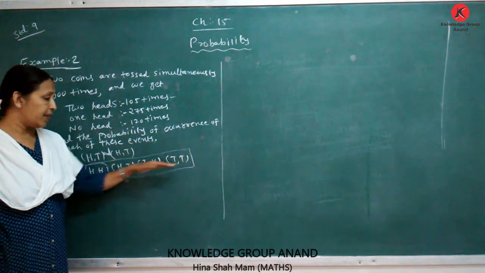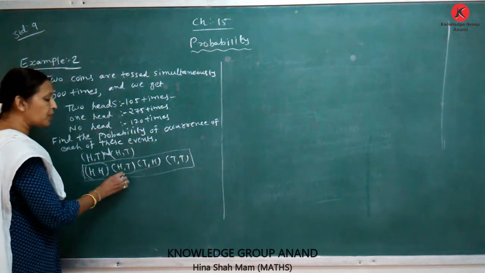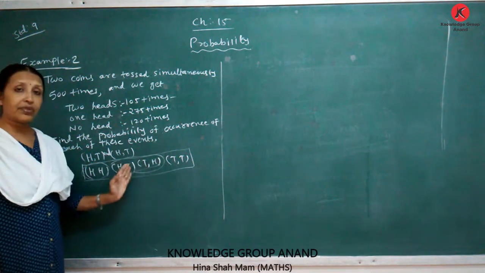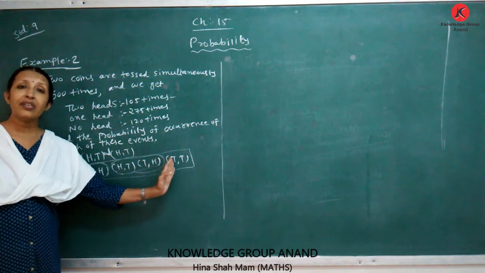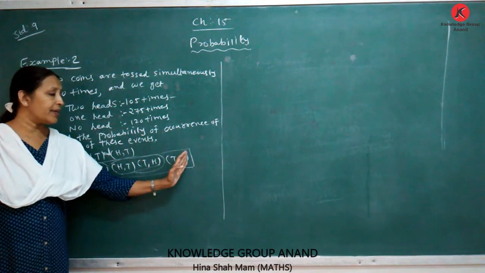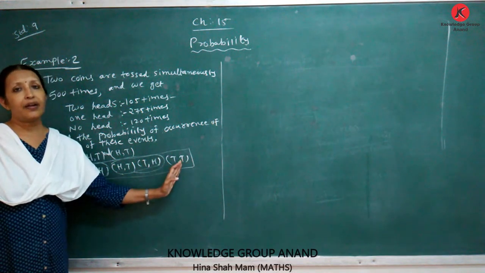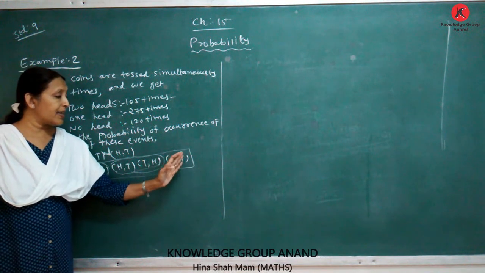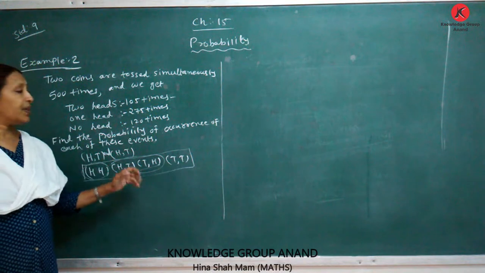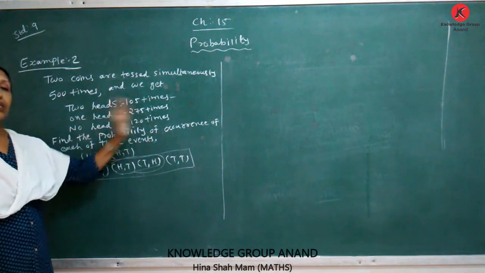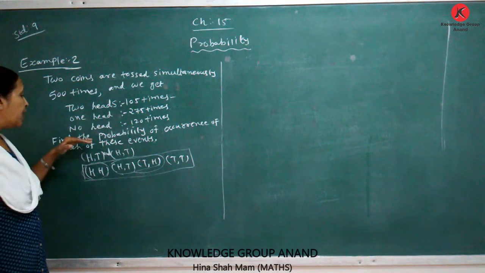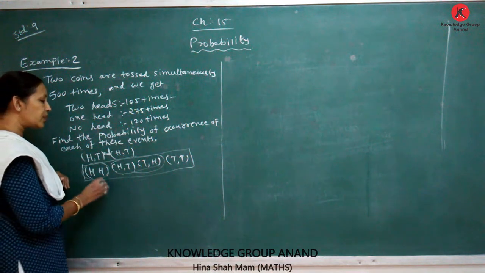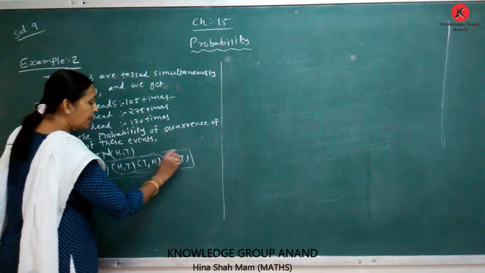And no head means both coins show tails, TT, so no head is 120 times. Find the probability of occurrence of each of these events.